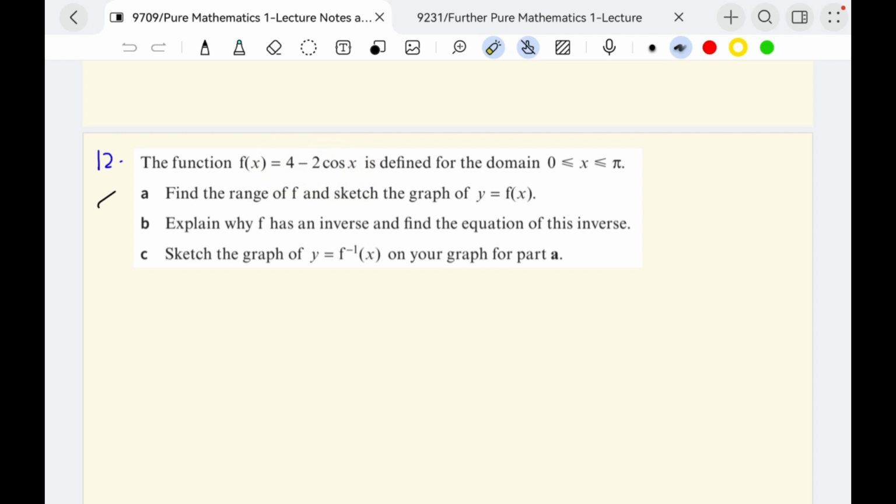Of course, they also have the range and the domain, as well as the graph sketching representation. Okay, with the domains given, the intervals of the domain. So you have to get familiarized with the real questions. How do they look like? So let's start from part A. Okay, find the range of f.